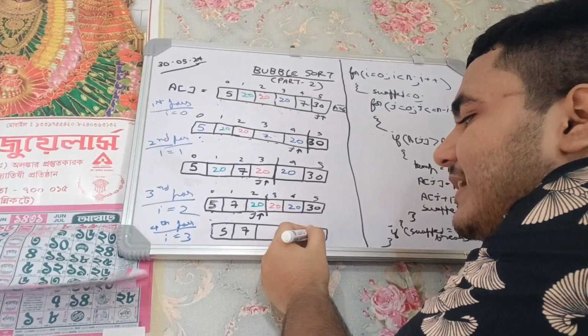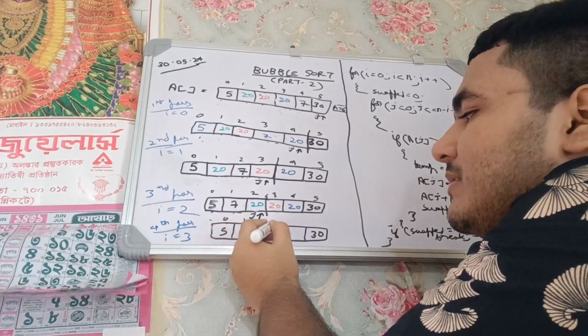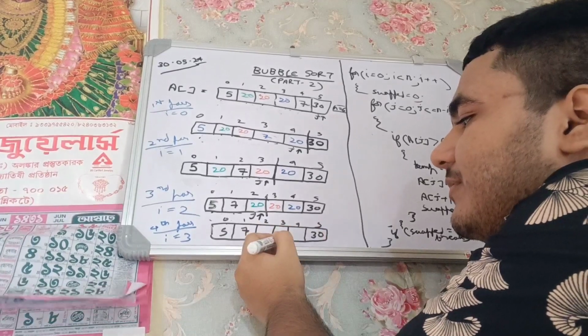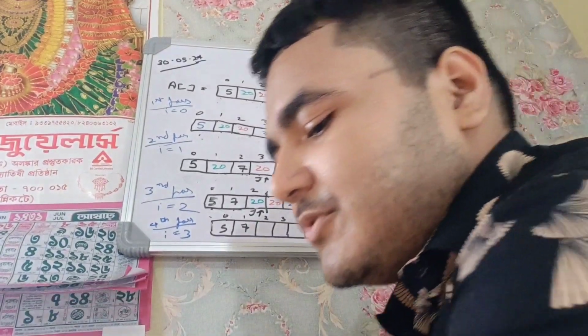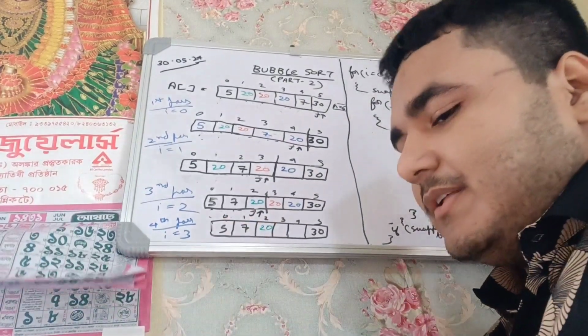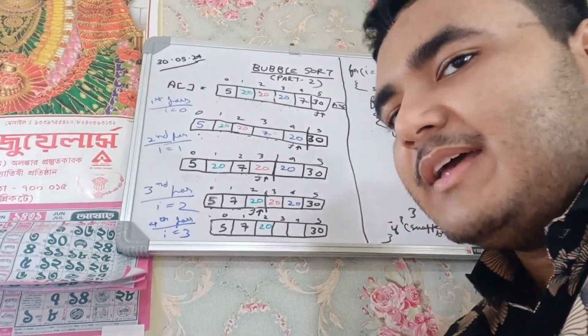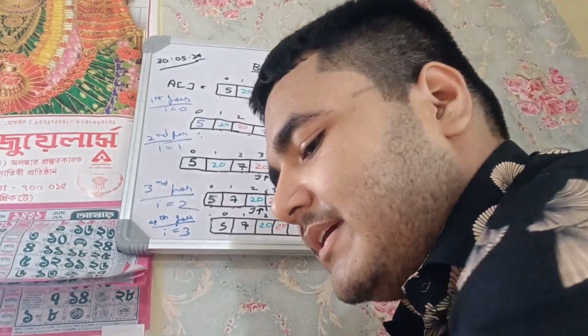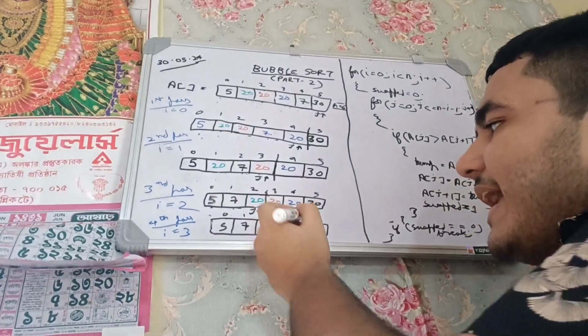So here we have 30, indexes 0, 1, 2, 3, 4, 5. Okay, so what happens here? 20, then we have another 20 in red, and here comes another 20.